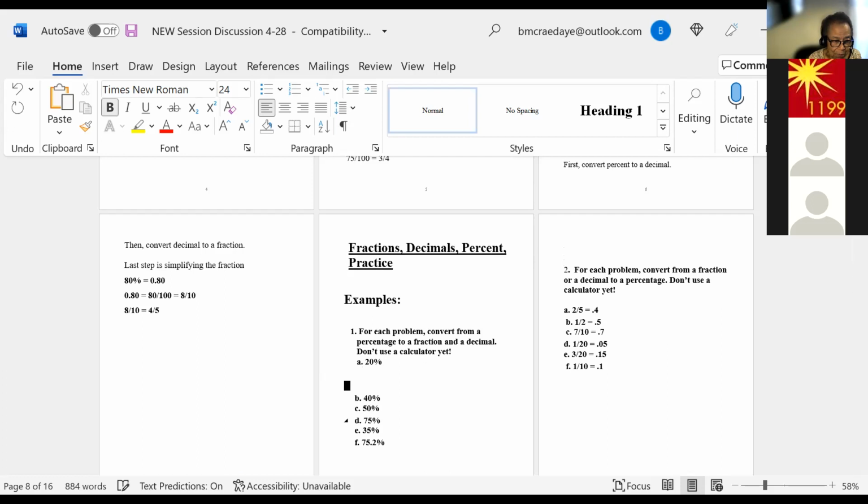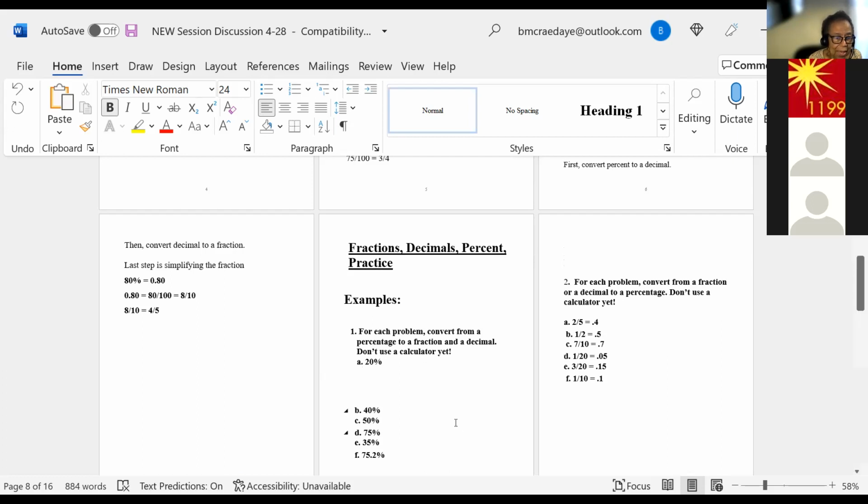First one is 20%. What would that be as a decimal? 0.20. That's right. 20% equals 0.20. What would it be as a fraction?